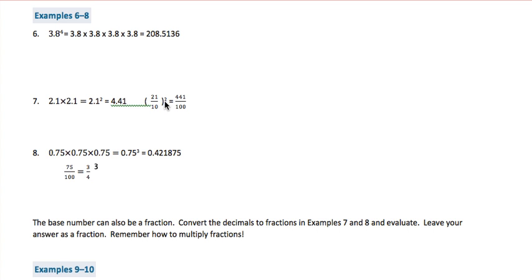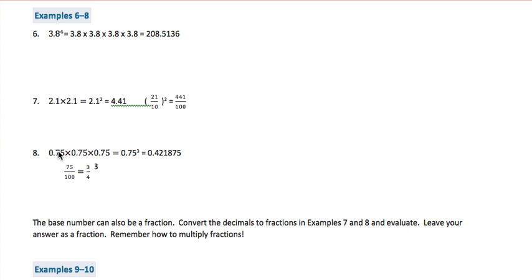When we raise it to the 2nd power, we are raising both the numerator and the denominator to the 2nd power. So it will be 21 times itself, which is 441, and 10 times itself, which is 100. And you can see that 441/100ths is the same as the decimal version.